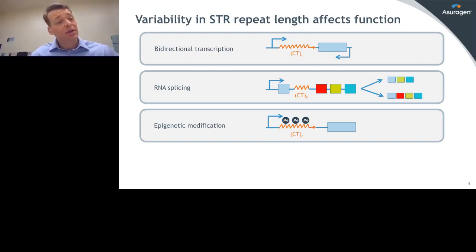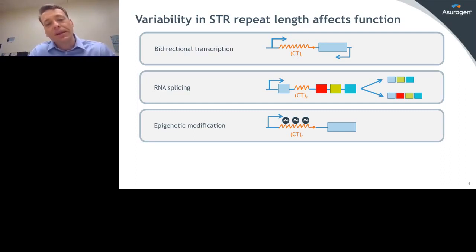And although that's very clear from these individual gene studies, now we're beginning to look with the right tools, both informatically and from the standpoint of methodology and technology, genome-wide, so that we can canvass the genome, look at these STRs and understand their functional impact.